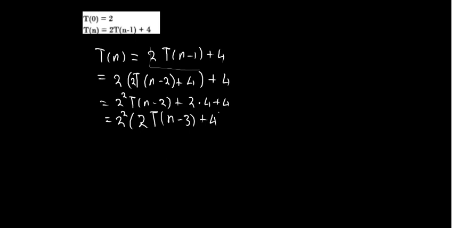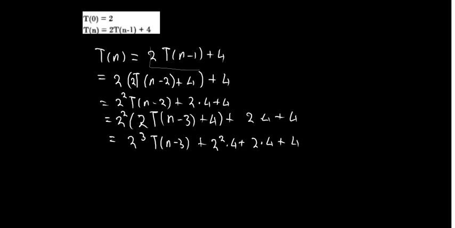Plus 4, plus 2 by 4 plus 4. This essentially just gives us 2 to the power 3 t of n minus 3, plus 2 squared by 4 plus 2 by 4 plus 4. Okay, we have this done, right? We have this.